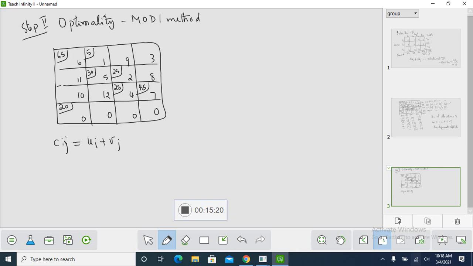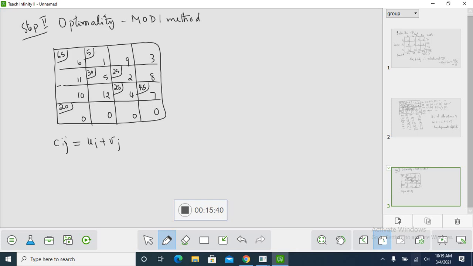After calculating all the Cijs, using this we calculate Dijs and check whether our Dijs are all greater than or equal to 0. So we first need to find Cijs.